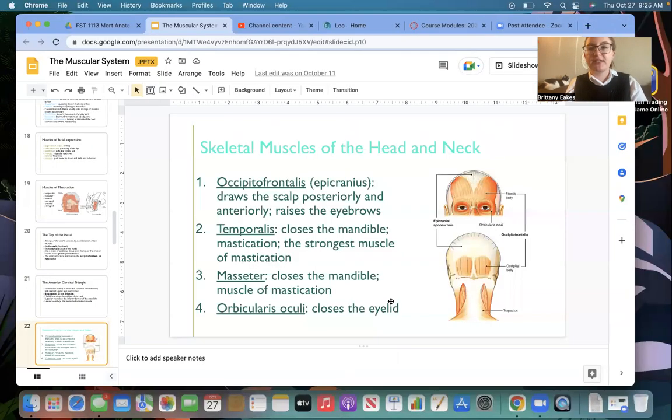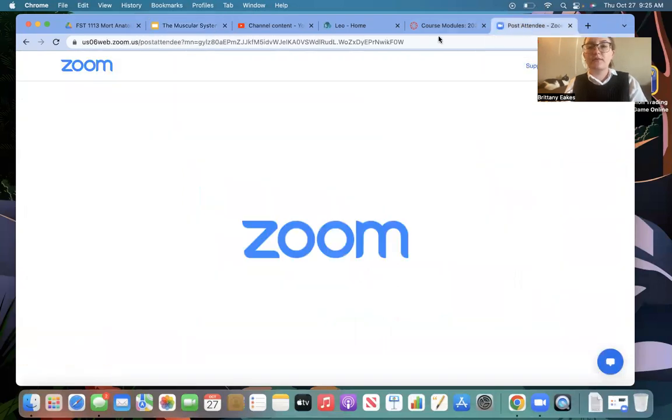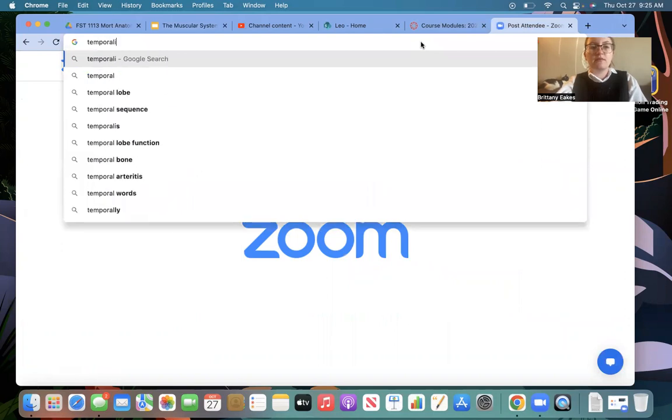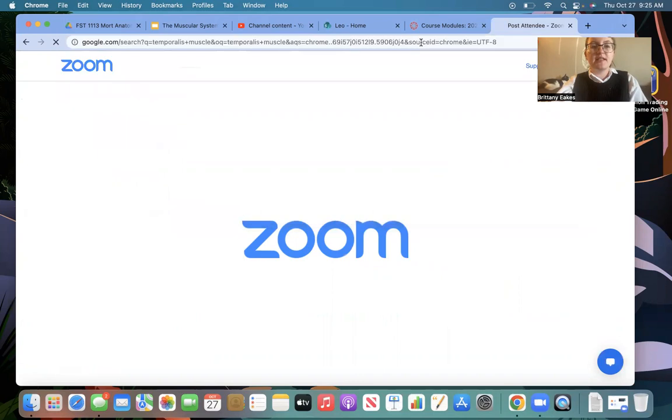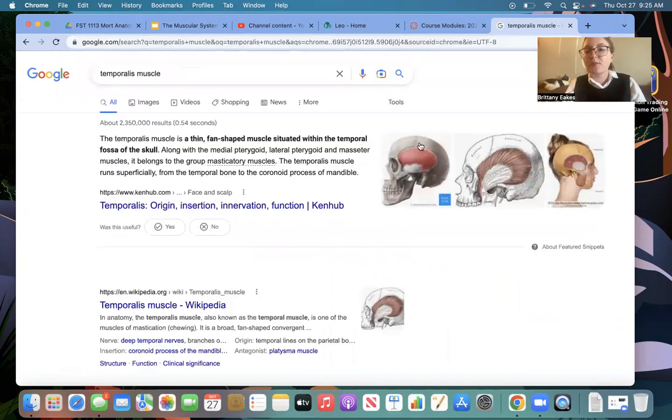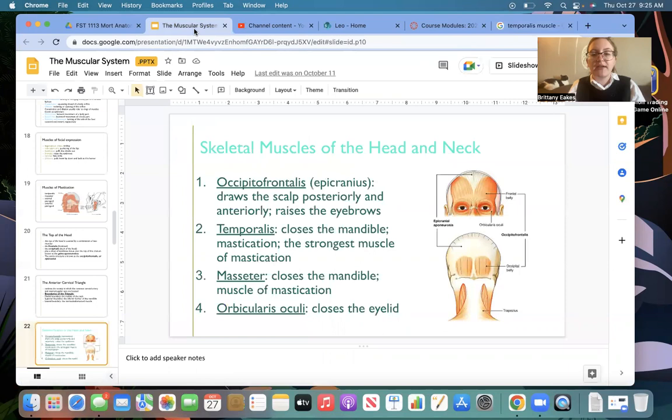So as we do this, let me pull up images of this because those weren't on the slide. So the temporalis muscle, see the location is in the temporal region. We have the masseter, which closes the mandible, and it's also a muscle of mastication or chewing.